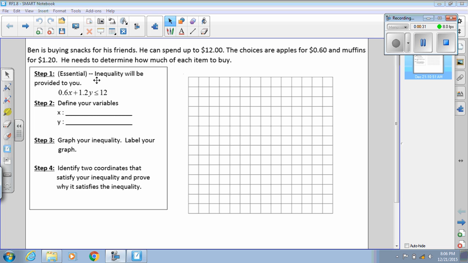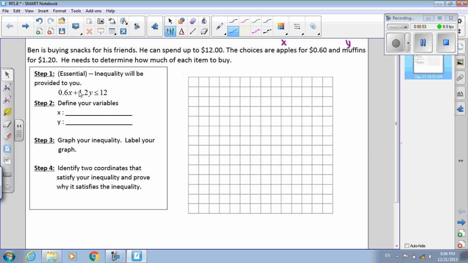So here we have the inequality already given to you. We need to define our variables. Usually, x would always be the first variable presented in the problem. So apples will be x, and then muffins would be y.